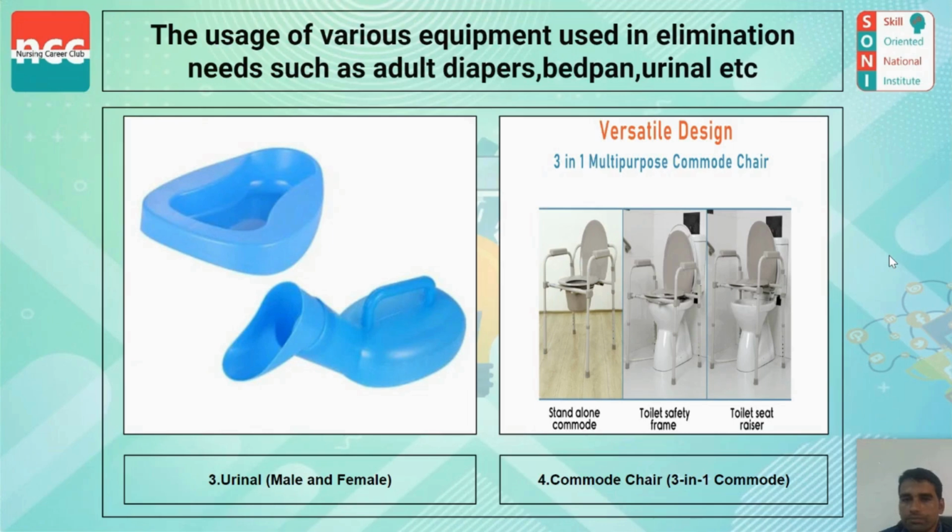So this is a versatile design. There are very versatile designs in the commode chair. It is very useful for patients who cannot move from one place to another and are unable to go to the bathroom. So they can use this chair. This is all about the commode chair.